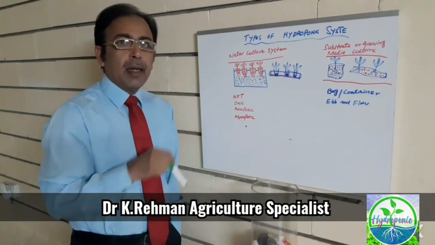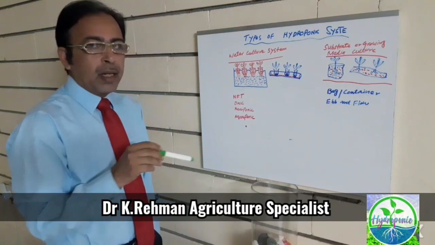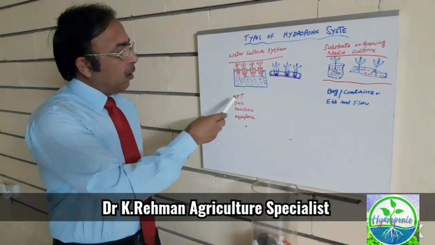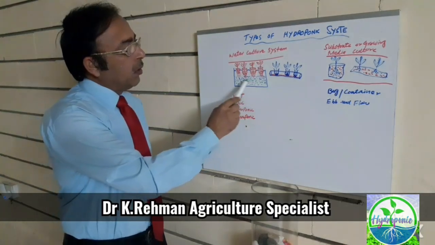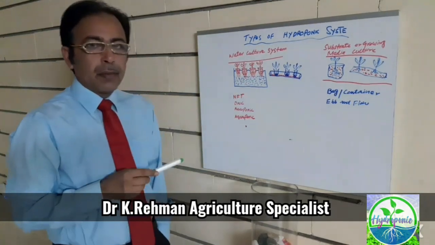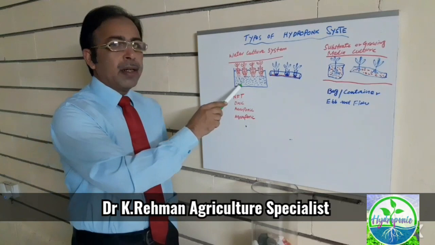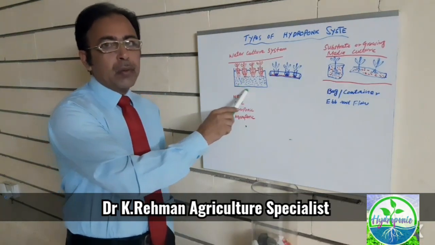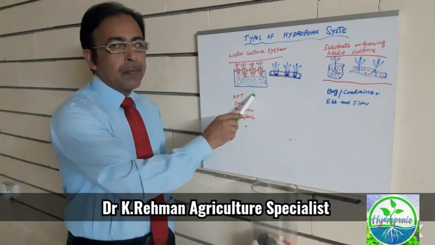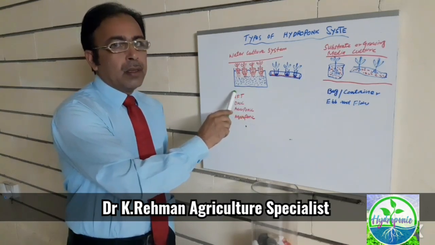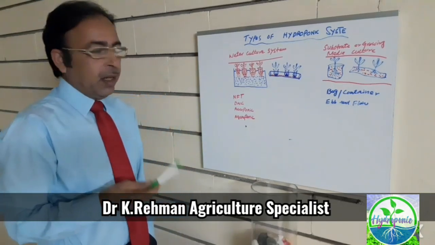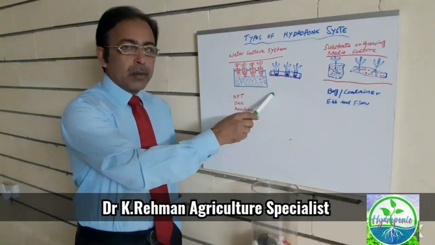Plants are directly in water, and the system is like in this diagram. Properly maintain the nutrient balance in the nutrient solution and also regularly check the oxygen or aeration in the nutrient solution.